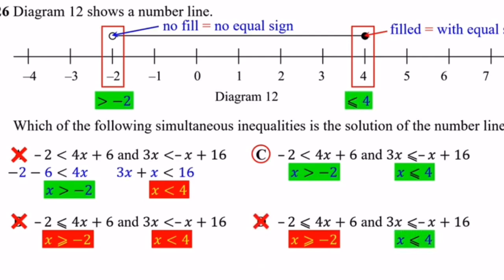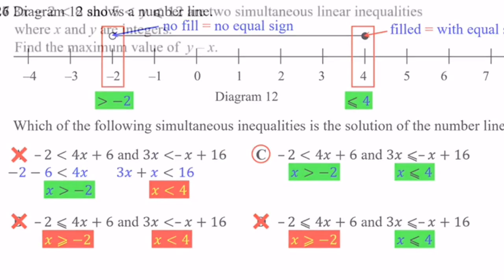Make sure you understand the symbols for the inequalities, because if you never practice for a long time, you tend to forget. It's good that you keep practicing so that you won't make careless mistakes.